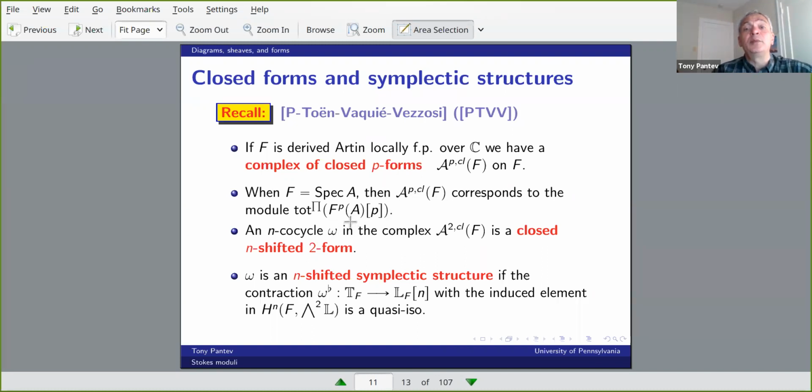So it's the total complex of the p-th step of the algebraic de Rham complex, but total with respect to the product. So you need to complete because, because of the graded commutativity, you can have elements in the forms in arbitrary degrees because you have symmetric products. So you really need to complete.